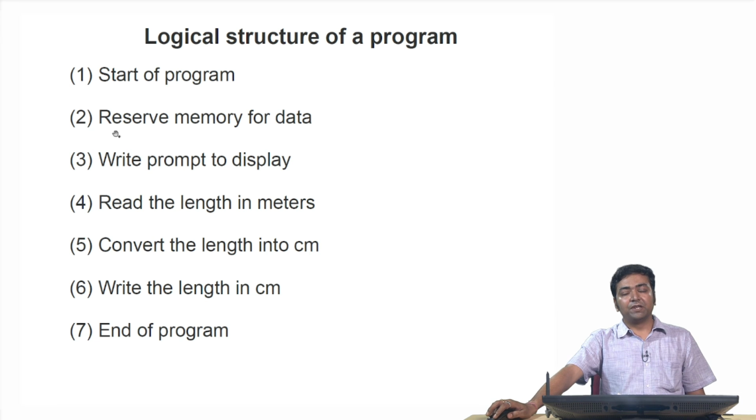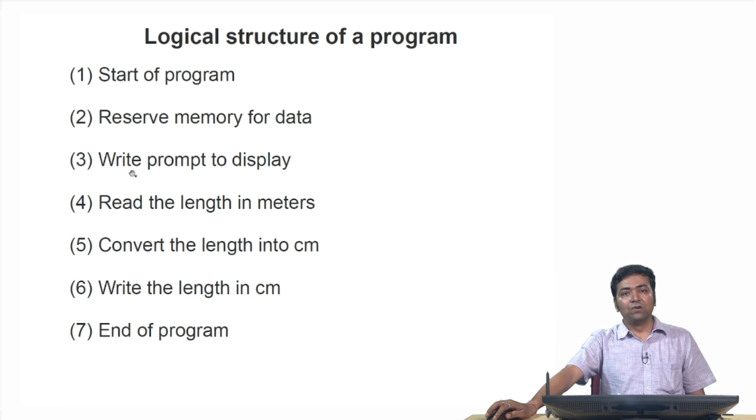The second step is to tell how much memory to reserve for the data. Then, from a user's perspective, someone who is trying to use a program to do that job needs to know when to put in the number in meters which they want to convert to centimeters.